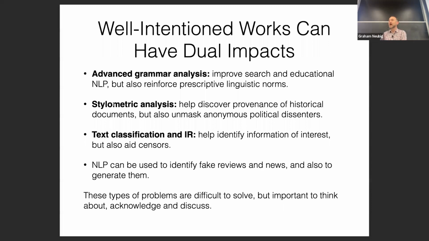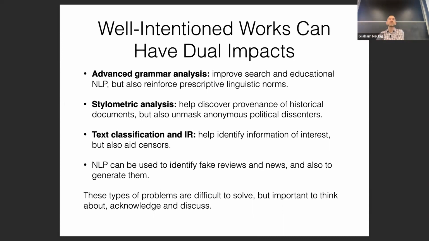In fact, I've turned down projects on stylometric analysis because of this risk. I was worried about contributing to something like this. It wasn't sold to me as stylometric analysis. It was sold to me as unmasking people who don't want to be unmasked. And I was like, well, maybe I don't want to be doing that. So it's something to think about carefully.